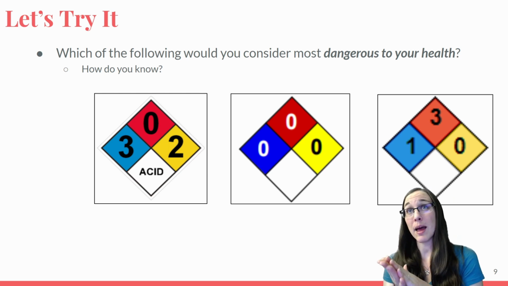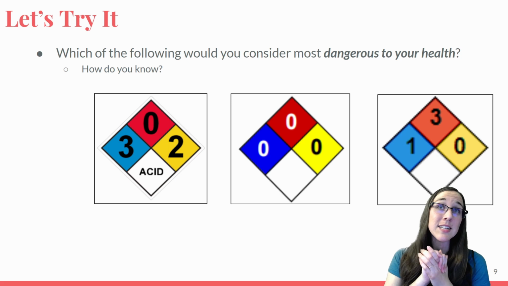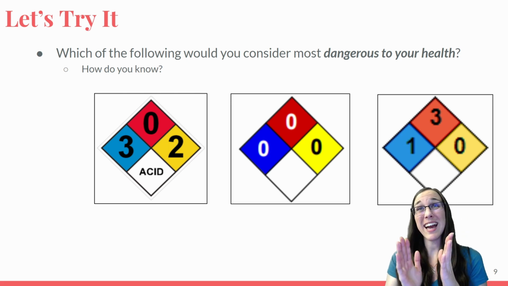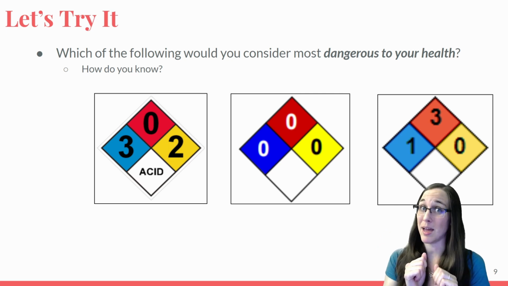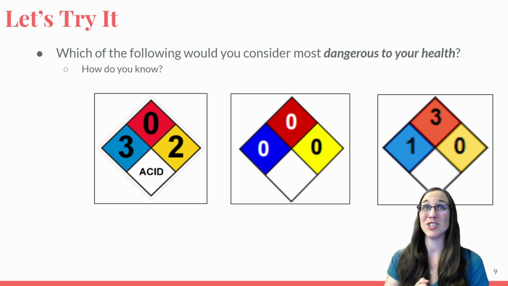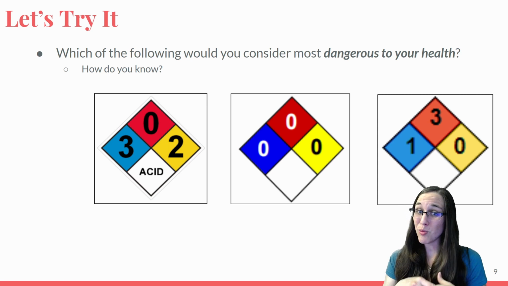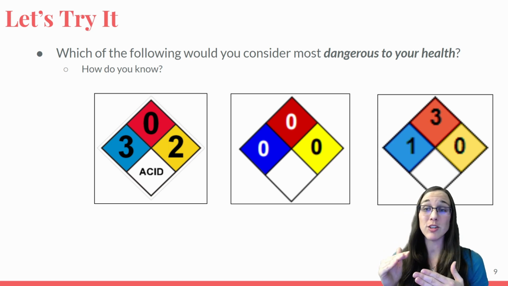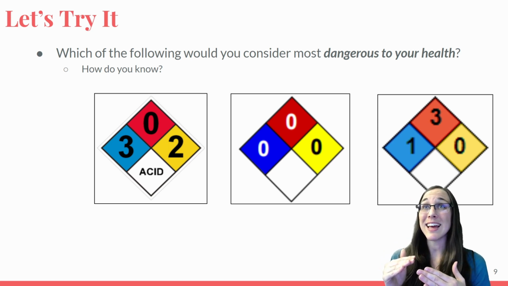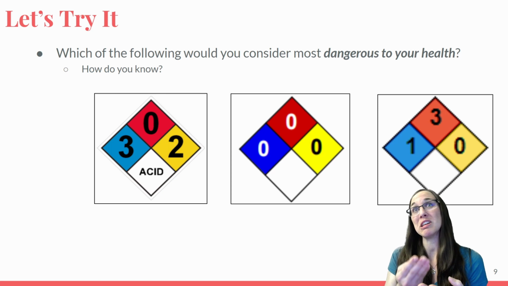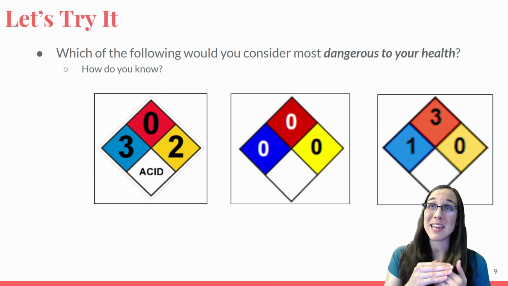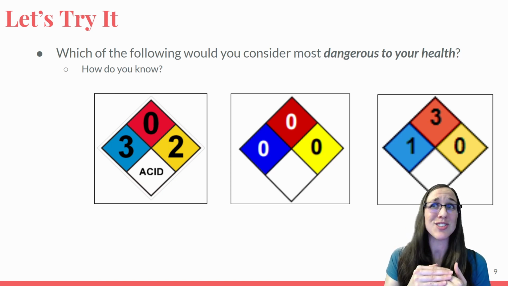Remember, the red is flammability, the yellow is reactivity, and the white is any other special news announcements that you need to know about this chemical. Are there any other special dangers? If we're thinking about our health, we need to zone in on that blue quadrant. And we need to look for anything that's bigger than 0, essentially, because 0 would mean that it's not hazardous to your health in any particular way. But 4 would mean it's pretty freaking dangerous to your health.